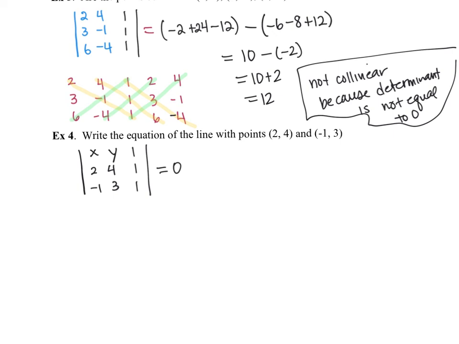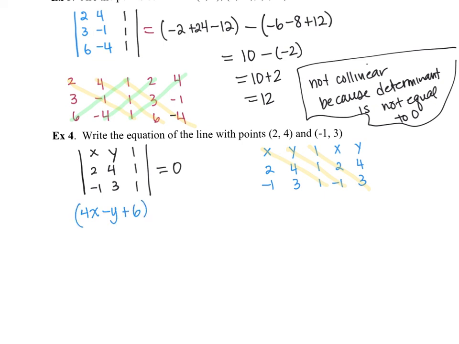Okay, so let me set this up for my diagonal. Okay, so I rewrote the matrix and I wrote the first and second column repeated. Start on the top left, so this one, this one, this one. So that's 4x minus y plus 6.